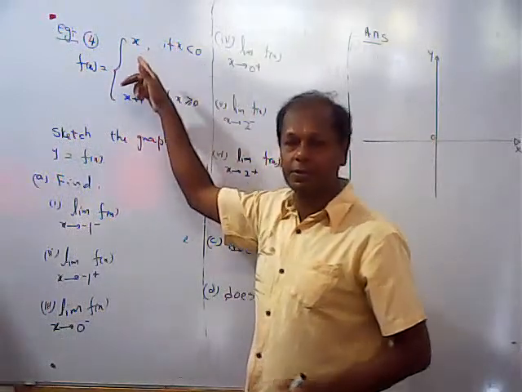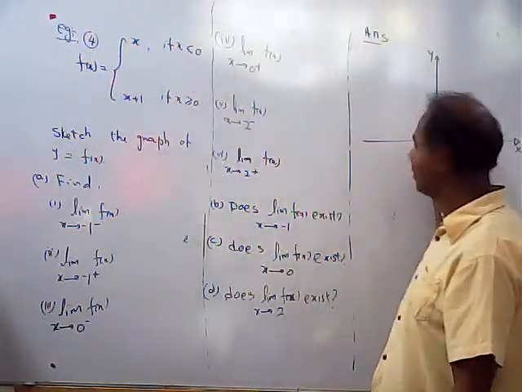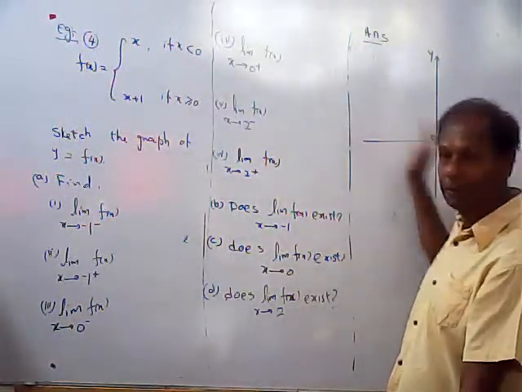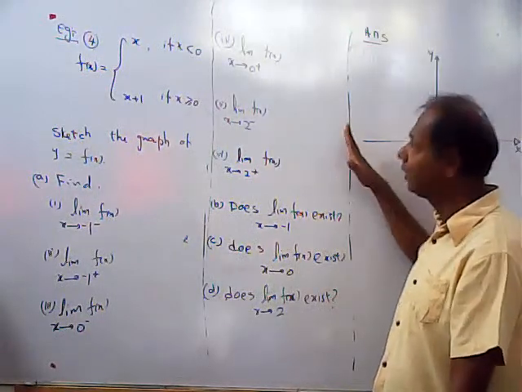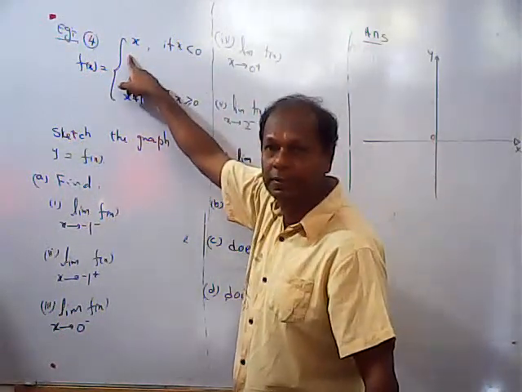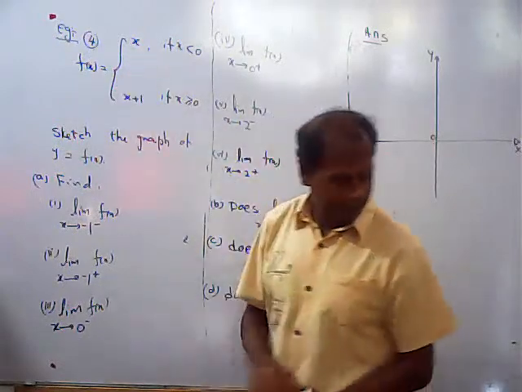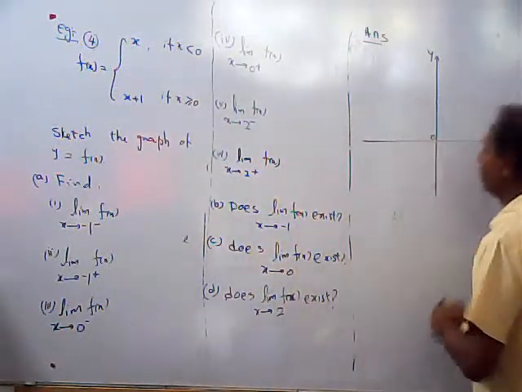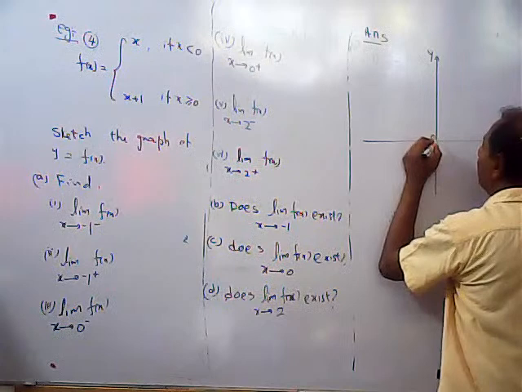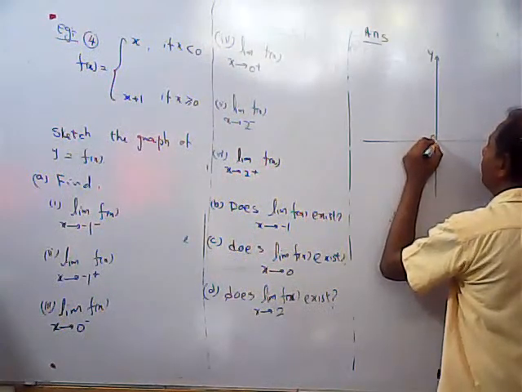For x less than 0, which means left of the origin on the x-axis, on the left side we have to draw the graph of y equals x. It's an easy graph, a straight line to draw.